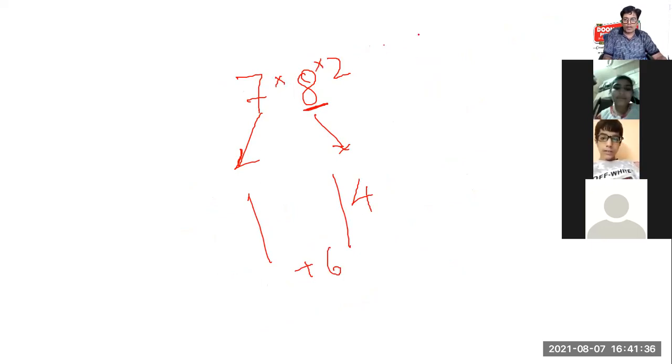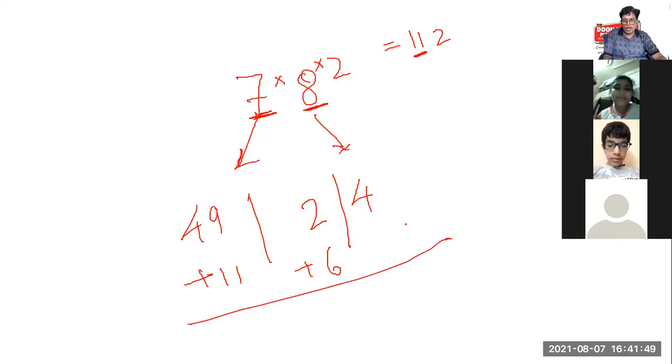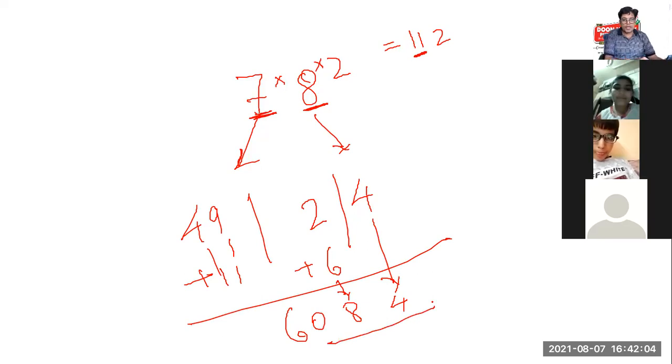That is 112. 112, 11 I will take here, 2 I will take here. 7 square is what? 49. So the answer will be 4, 8, and 49 and 11 is 60. 6084 will be the answer.